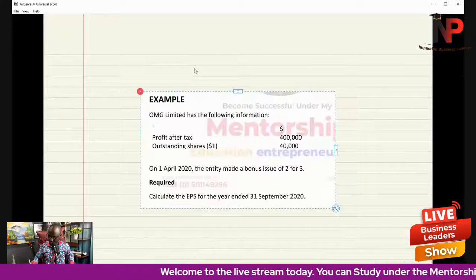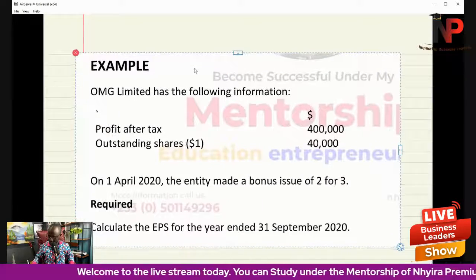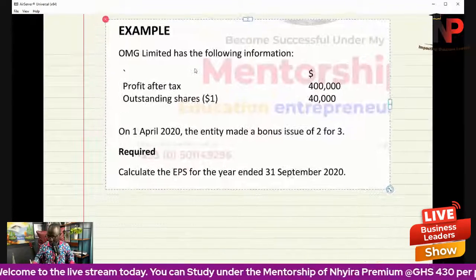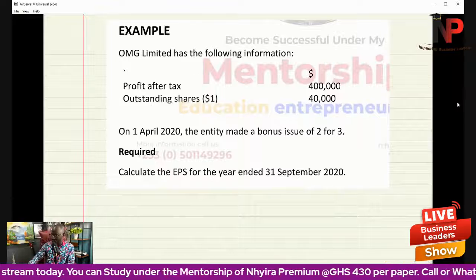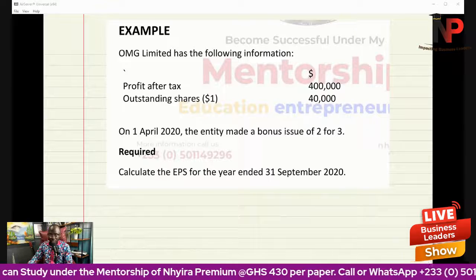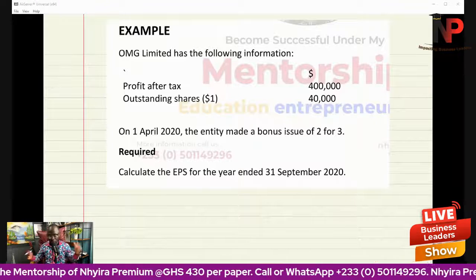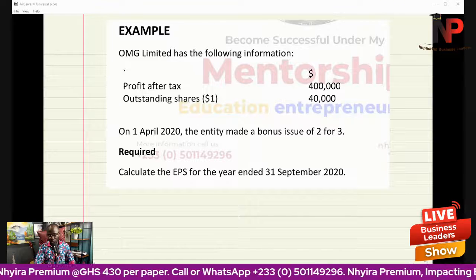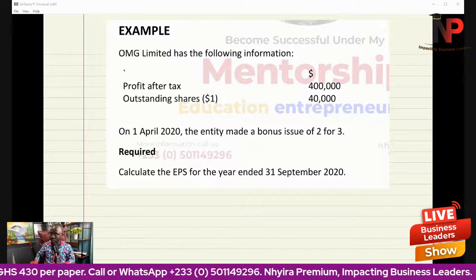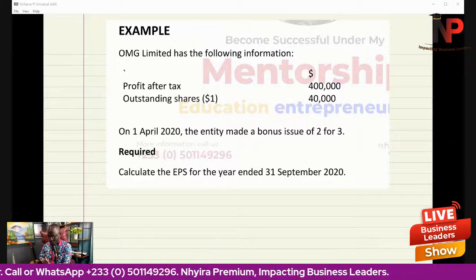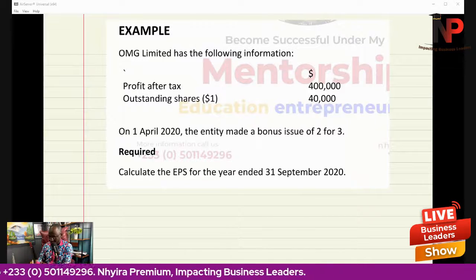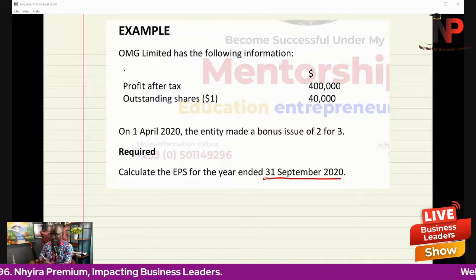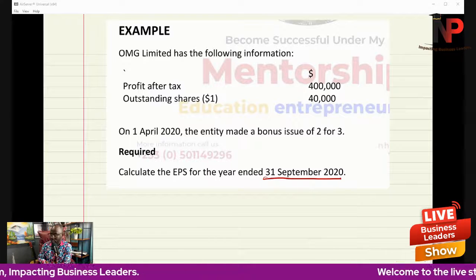Again, I'm using these examples because they are baby examples to help us understand the principles, because we're going to be putting them together later on in a more complex question, and you're going to see how we're going to be dealing with that later. So let's see. Calculate the earnings per share for the year ended 31st September 2020. So what do we have?